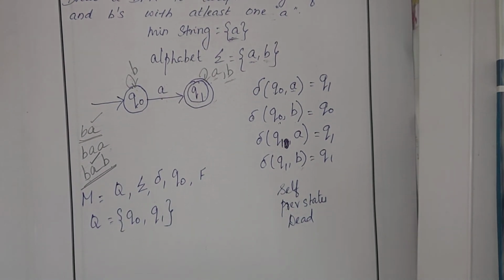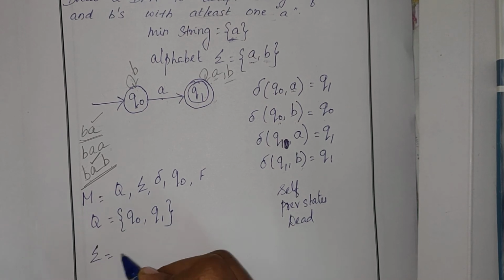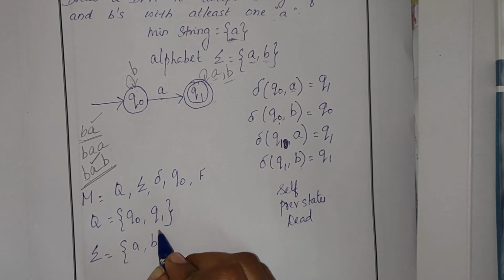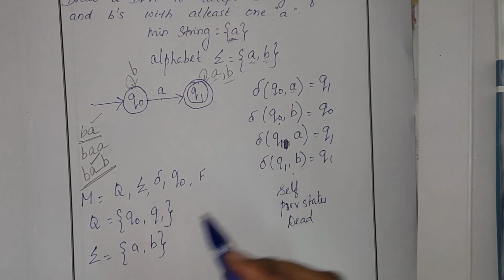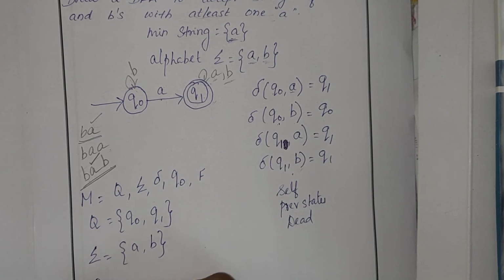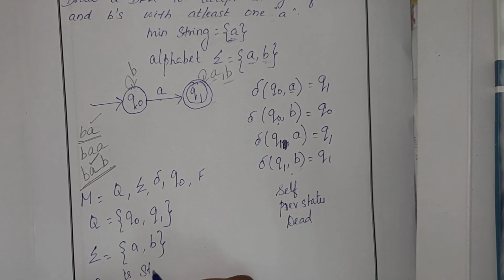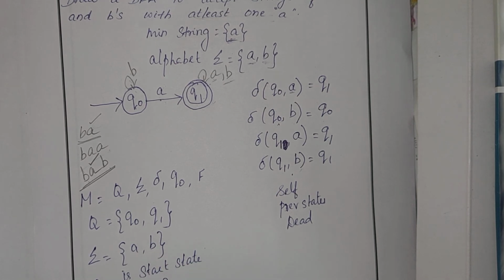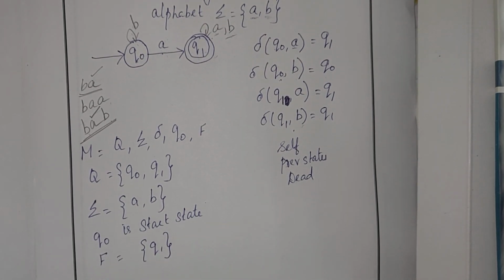Sigma is A comma B. And these are my transitions. Q0 is your start state. And what is my final state? Q1 is my final state.